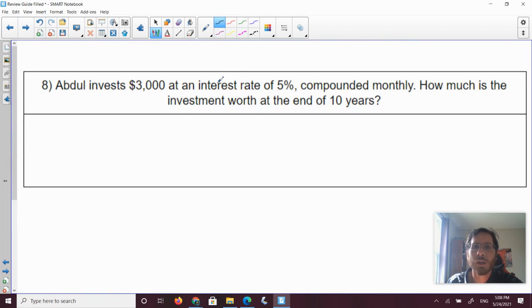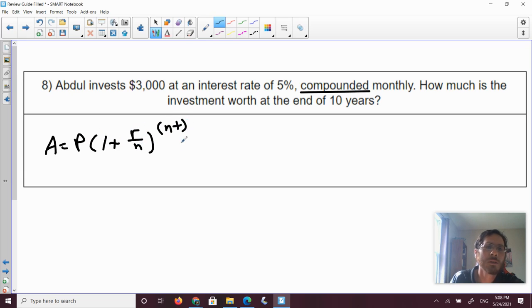All right, for 8, we're compounding interest. So it's pretty clear what we've got to do here. We've got to go ahead and just use the compound interest equation. So A is equal to P, 1 plus R over N to the NT power. P is the principal, so P is how much money you start with, so that's going to be 3,000.